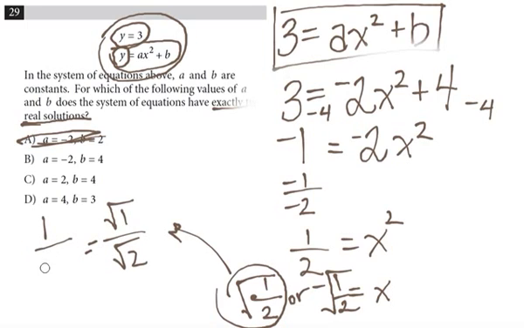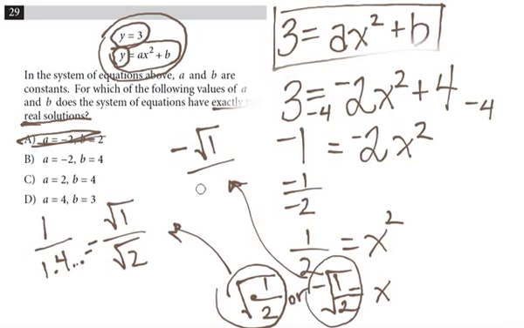The square root of 2 is like 1.4, and it goes on for a really long time. It's not a pleasant number at the bottom, but it is a real number. We don't have to get imaginary with that. And we also have the negative version of it, which is a real number too. So B is actually our option.